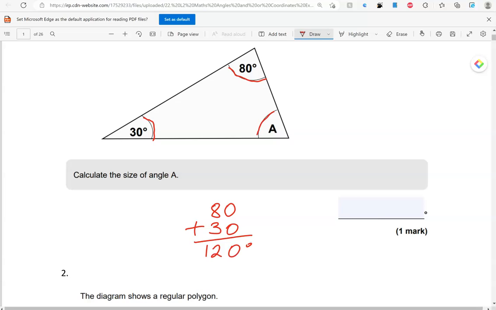All 3 of them together will add up to 180. They always do in triangles. So what we're going to do now is 180, take away 120, that gives us 60. So angle A is 60 degrees. The thing to remember is that internal angles of triangles always add up to 180 degrees.